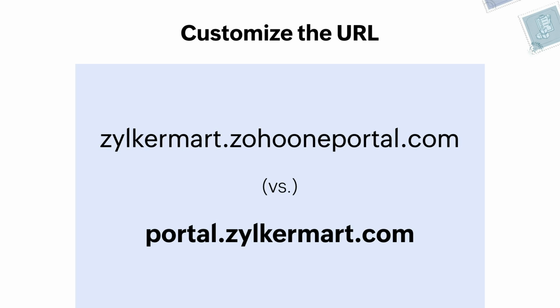If you want a portal that specifically defines your company, you can add your own custom domain as part of the portal. You just have to go through the usual verification process of verifying the CNAME in your domain manager page. Once you do that, you can customize the login URL as per your business.